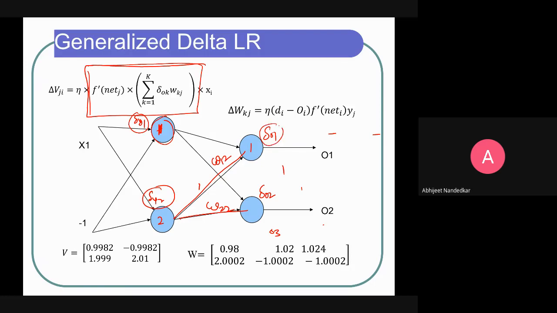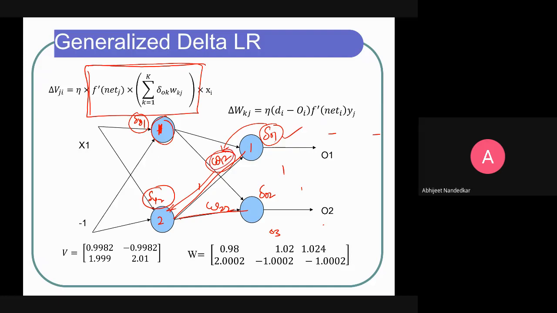So delta O1 multiplied by this weight will come here. You can say this error signal is multiplied with this weight, which gives importance to this signal.